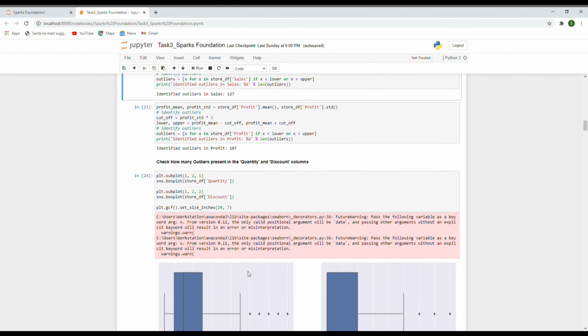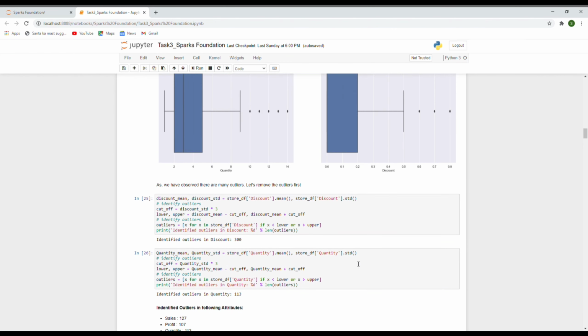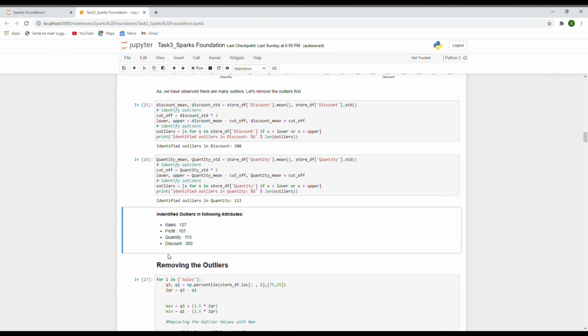Similarly, we have encountered outliers for quantity and discount as well. Here the identified outliers in discount are 300 and in quantity are 113. So in conclusion, we have identified the outliers in the following attributes.